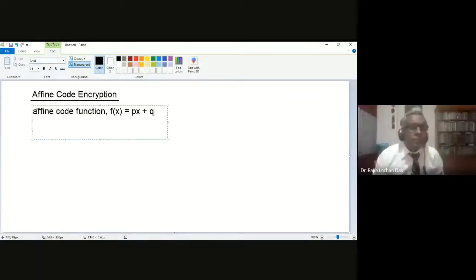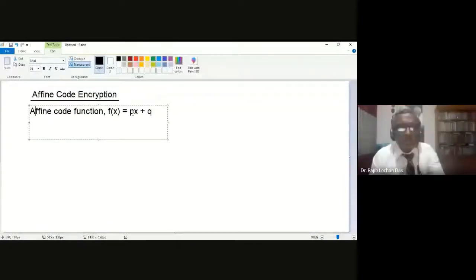So the Caesar code was only x plus p, and p is any number. Affine code is ax plus p.